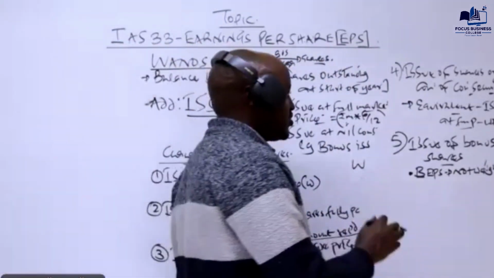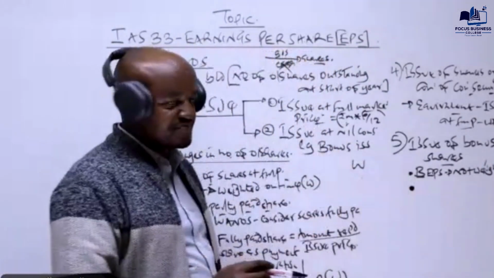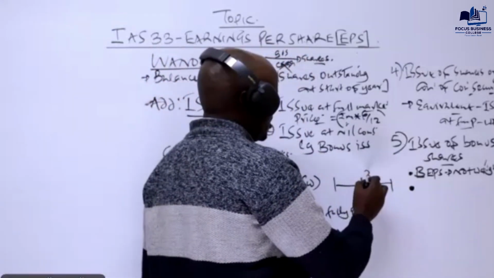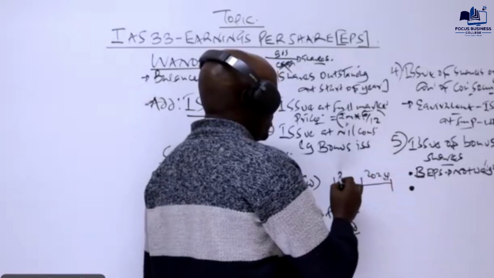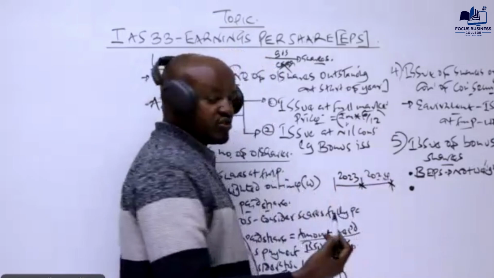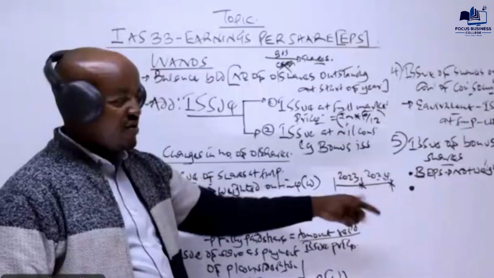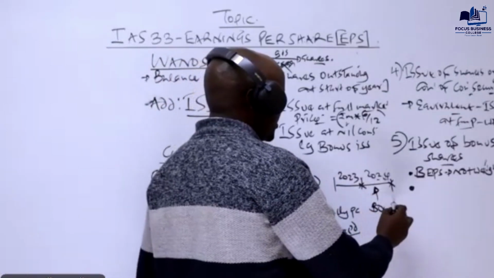Number two, if you are given information about 2 years, like in this case, assuming you are given information about 2024 and 2023, and you are told the current year is 2024, you are computing the basic earnings per share for 2024, and you're told during this year the company made a bonus issue.